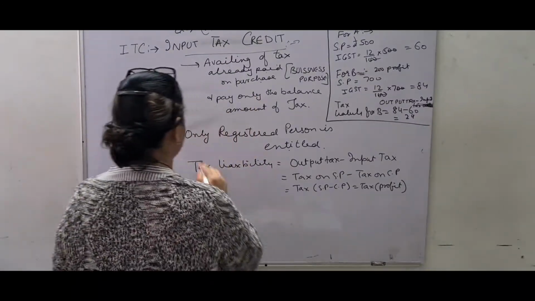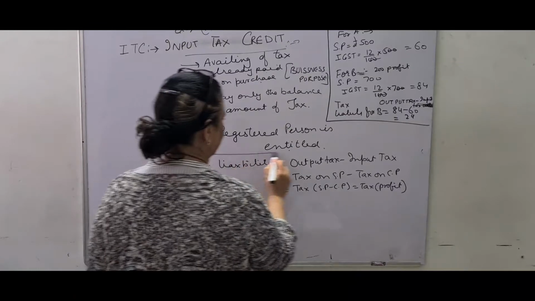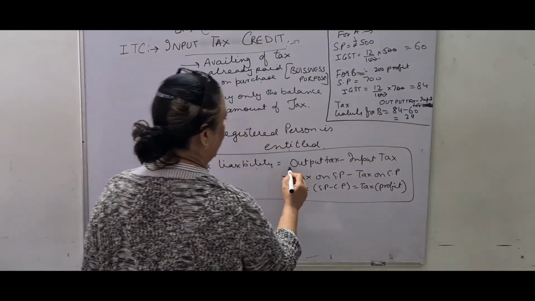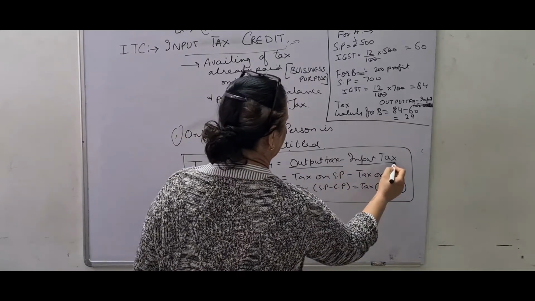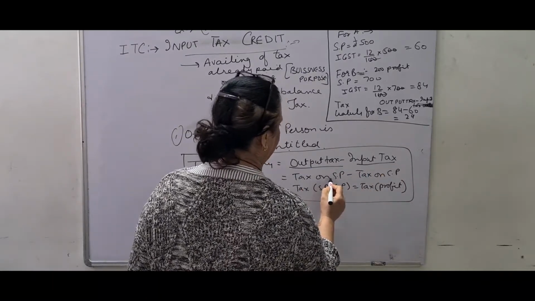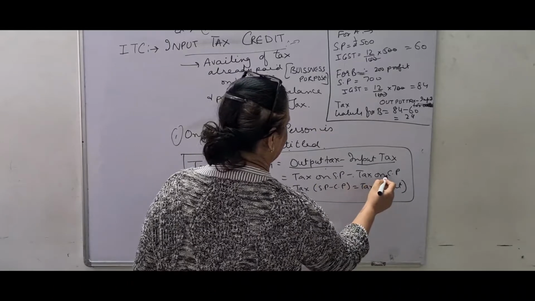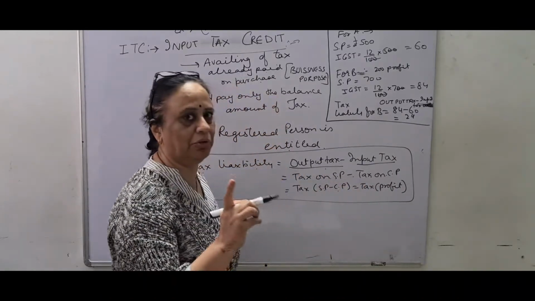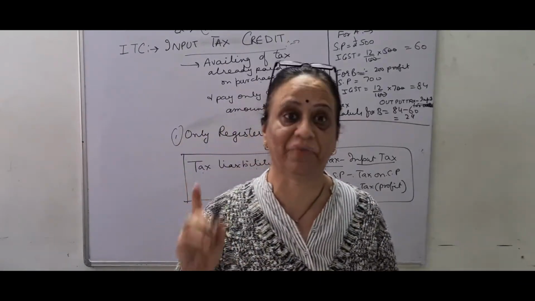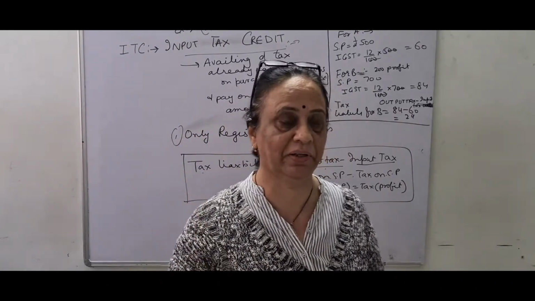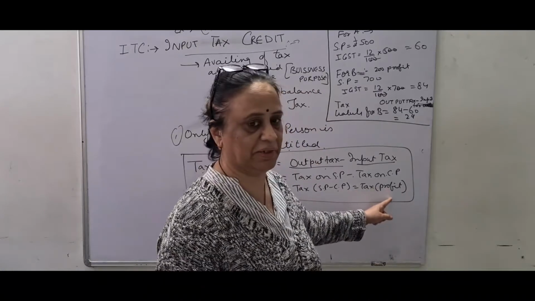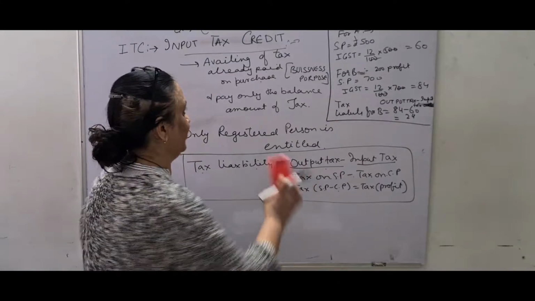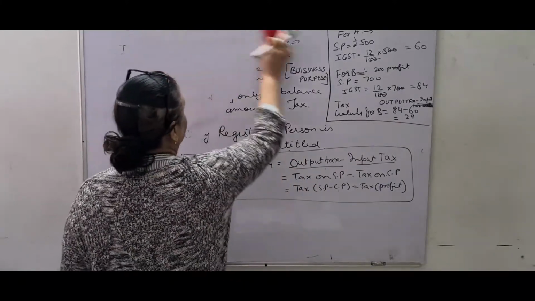In other words, you can write it like this also: tax liability is equal to output tax minus input tax, that is, tax on SP, selling price, minus tax on CP. If you take tax common, it is SP minus CP, and you very well know that SP minus CP is profit. So this is tax on profit, that is tax liability.